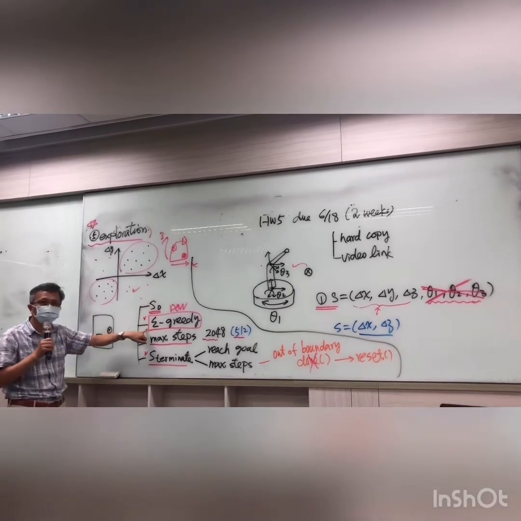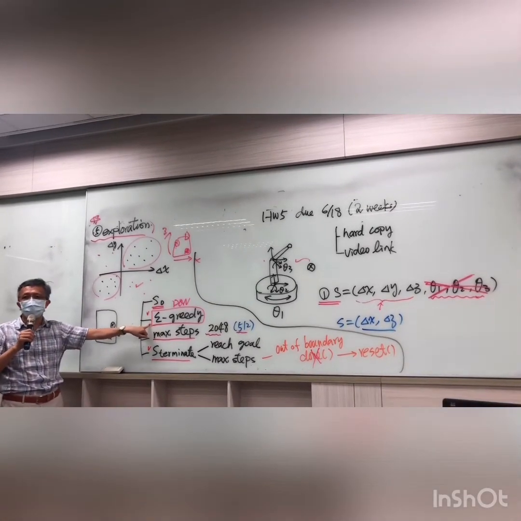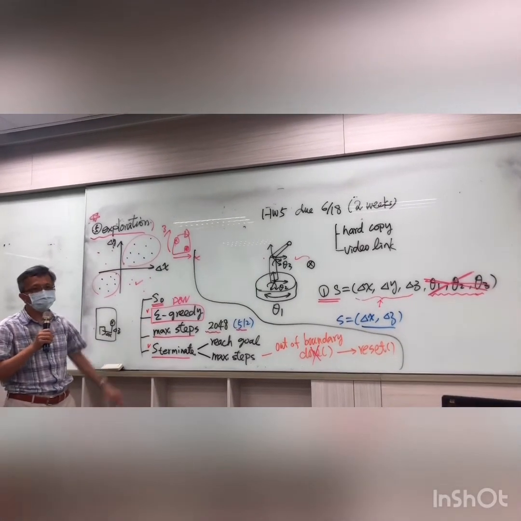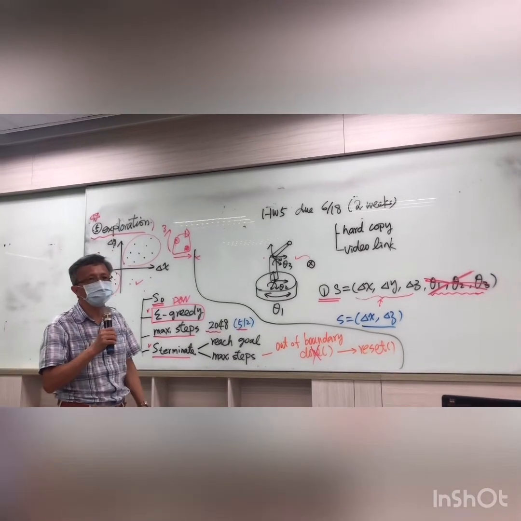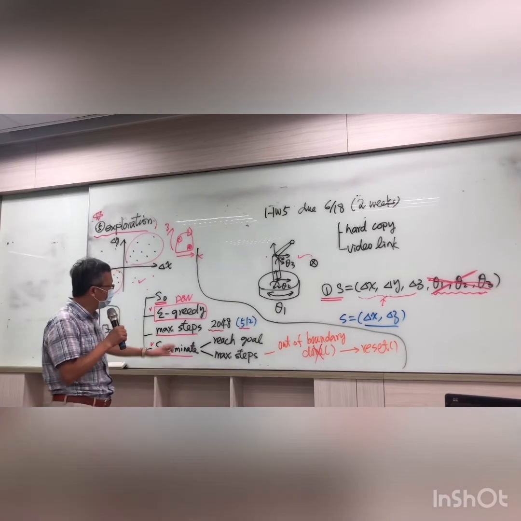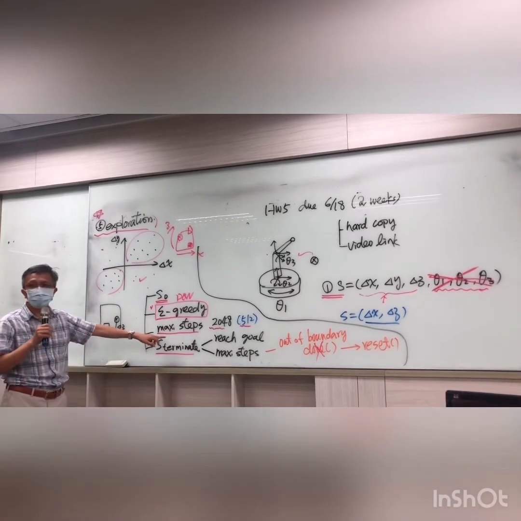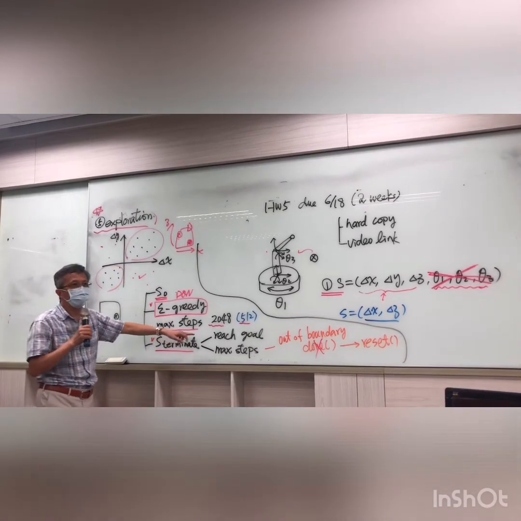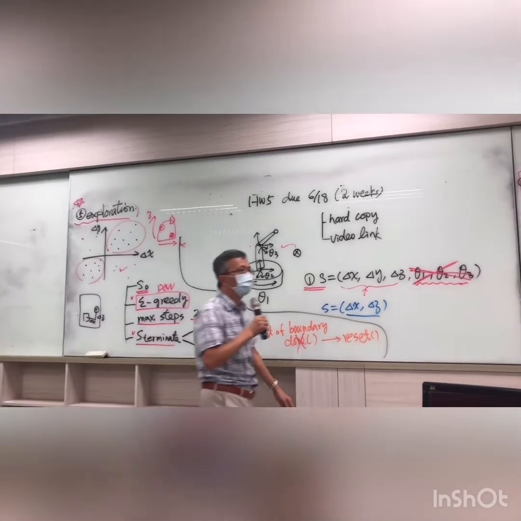And the second one is epsilon greedy, which we have been talking about for several weeks, so I skipped the details. And the third one is the maximal steps you allow for each simulation.